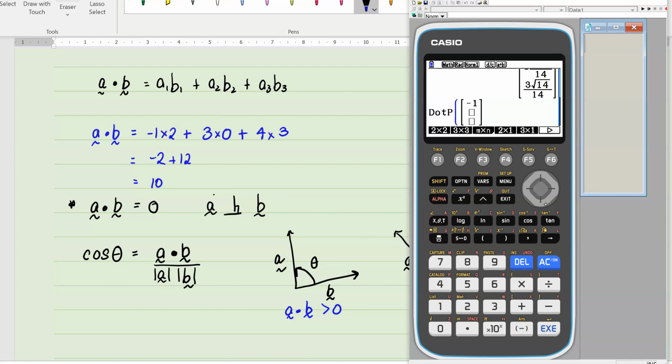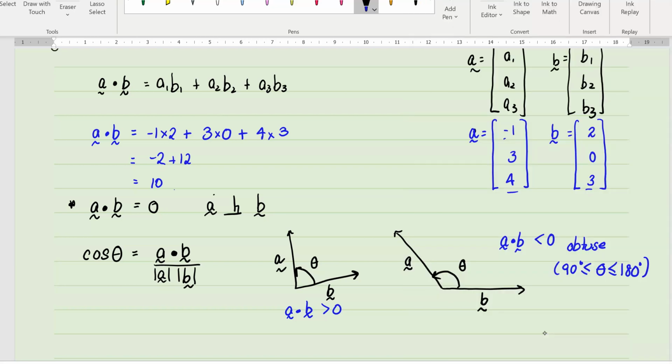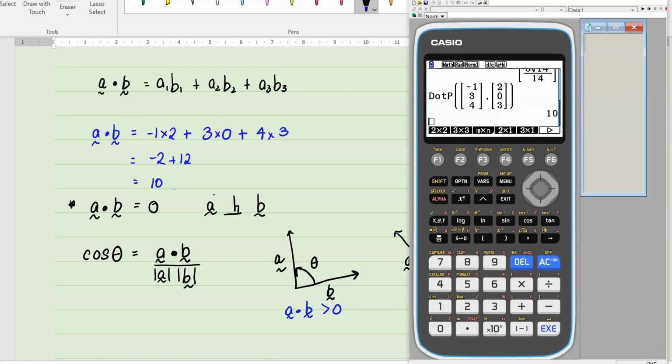It was minus 1, 0. Oh, sorry, I think it was 3 and 4. And then we just pop in our next one, which is 2, 0, and 3. We're going to close our brackets, and the answer that we got was 10. My calculator, you can see, is in radians.